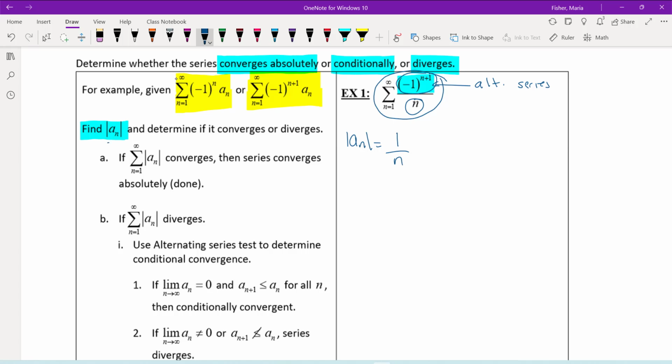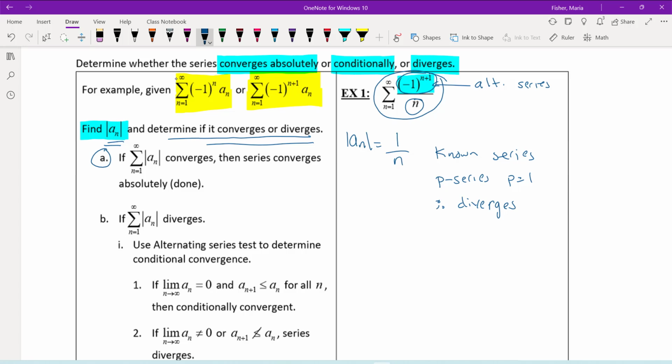Once you determine that, you figure out, does this series converge or diverge? This is a known series. It's a p-series, where p is equal to 1 here. Therefore, I know that this is going to diverge.